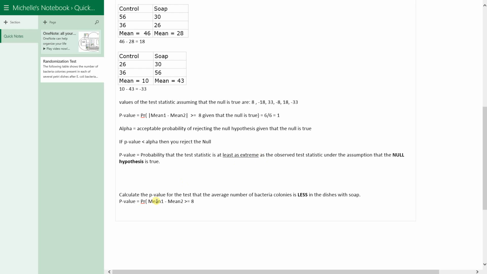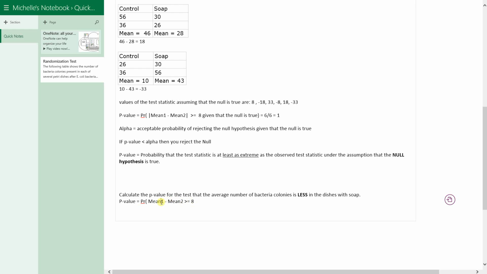But if mean 1 is less than mean 2, then this difference is going to be negative, and that's not what the alternative hypothesis is getting at. The alternative hypothesis wants us to figure out if mean 2 is actually less than mean 1.